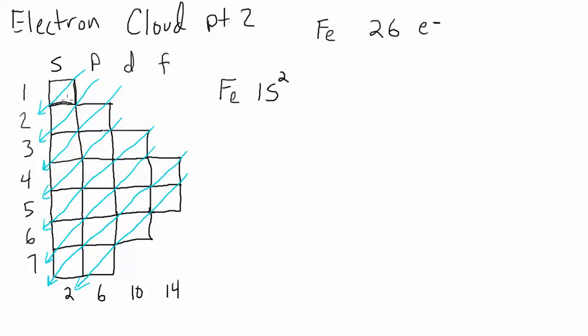Okay, so now after 1s is full, according to our diagram, the next sublevel to fill is 2s. And so I'm going to write 2s, and we have to account for 26 electrons, and we've only done 2 so far. All s sublevels can hold 2 electrons, so 2s2.